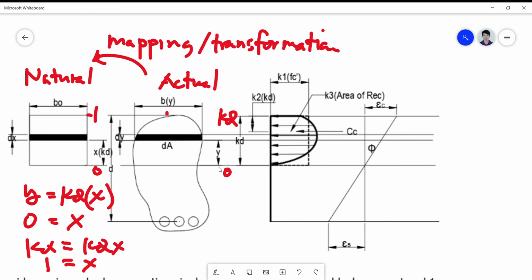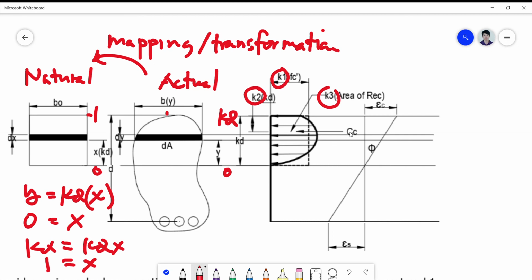So we are now mapping y to x because we want to convert the complexity of your actual coordinate to a natural coordinate, and then imposing the concept of the stress block parameters k1, k2, k3, which I told you a while ago, will give you now a more general formula for the moment capacity.